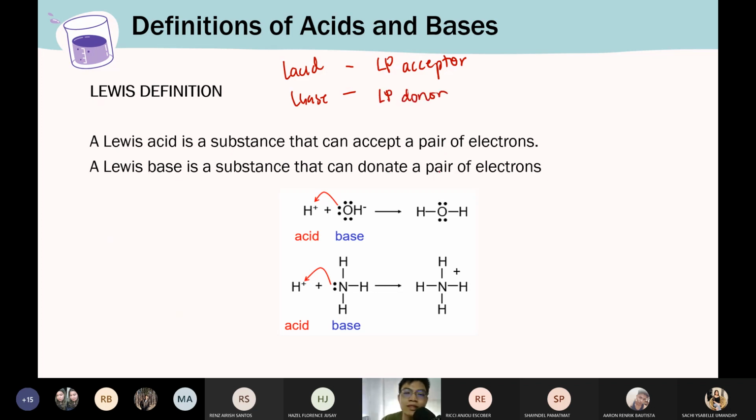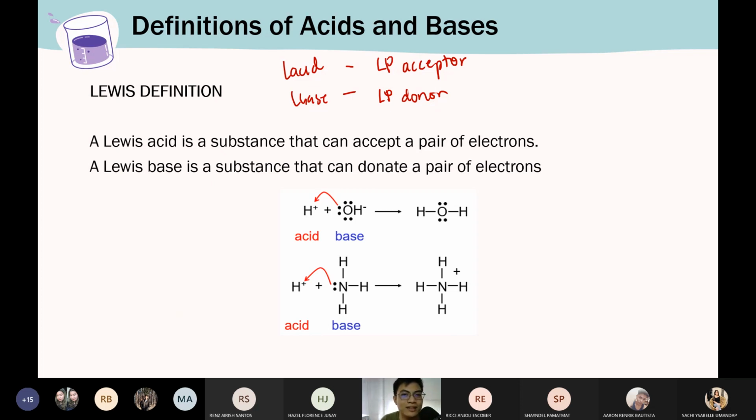Okay? And what happens when lone pairs are accepted and donated? There is a formation of a chemical bond. Okay? So ito yung medyo weird again. Kasi si Lewis definition, sabi niya, in the formation of bond, meron din palang acid and bases.